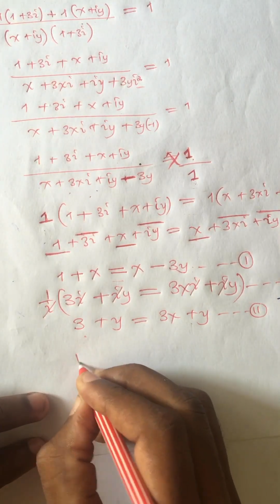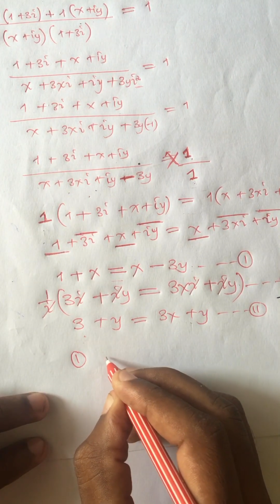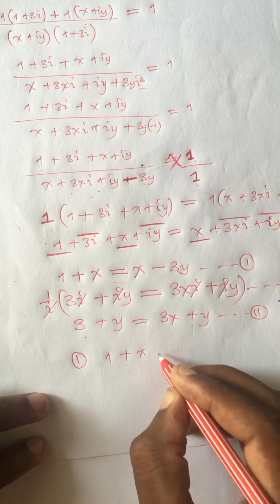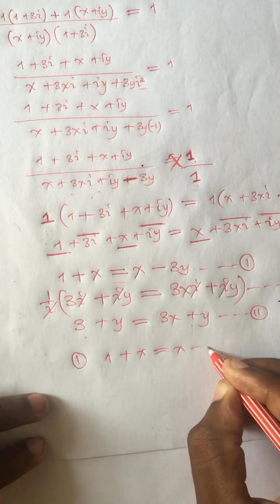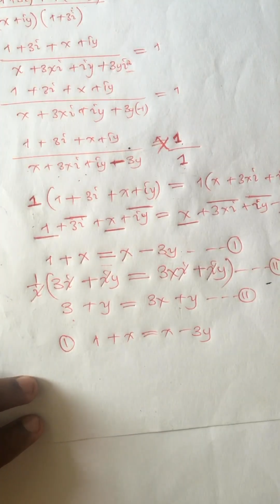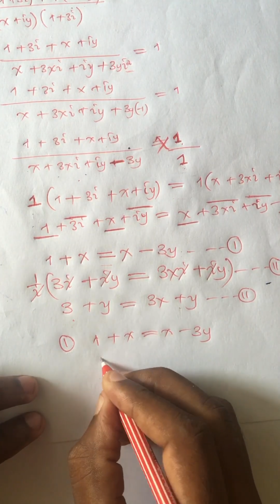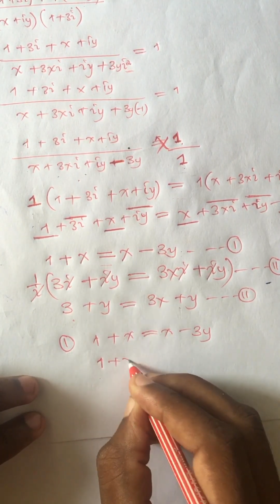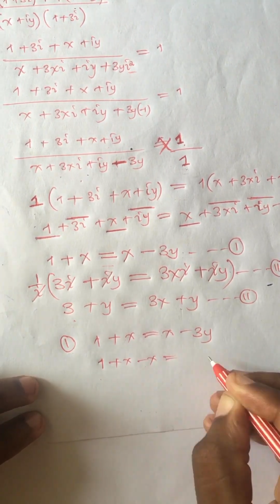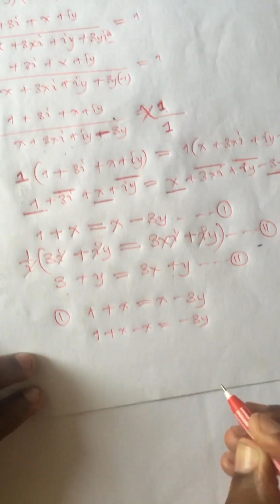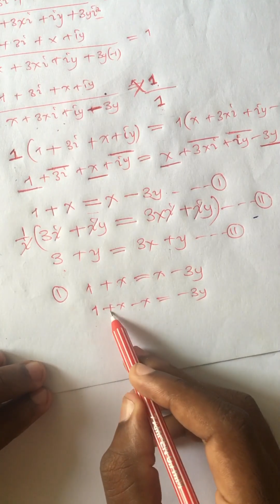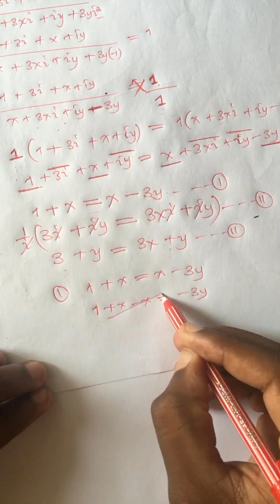So let's solve them. We have our equation 1 to say 1 plus x, which is equal to x minus 3y. Okay, so let's collect the like terms. These and these are like terms. So we can say 1 plus x minus x, which is equal to negative 3y, like that. Then positive x minus x will give us 0.